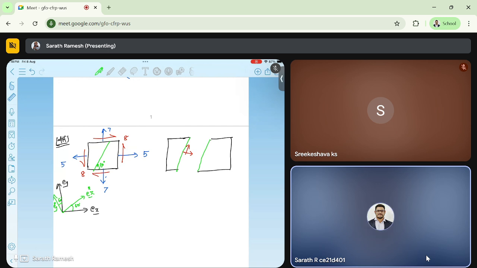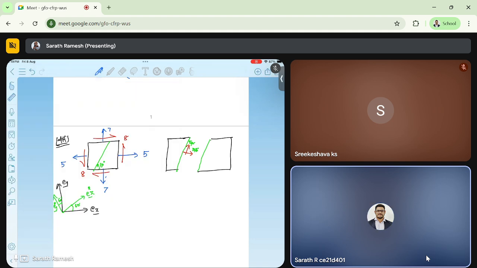Now here we will have its own sigma components, that is sigma x star x star, sigma y star y star, again sigma y star x star. All the components will be there if we draw a stress state at that plane, right? So now we are interested in finding what will be the components of stress in that plane.